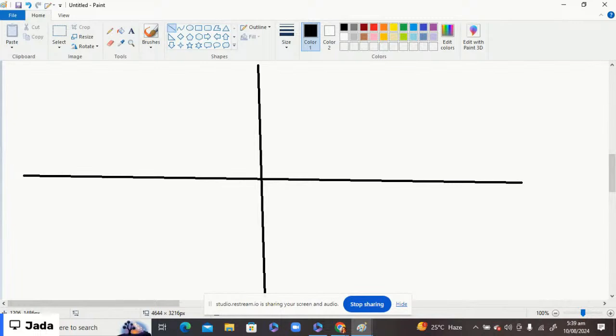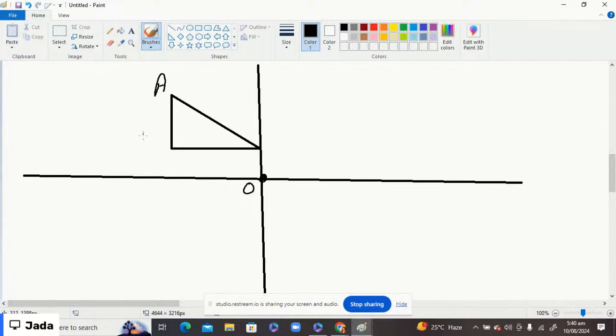Okay. For example, I am going to draw a triangle here. Some points I'm just going to mention.